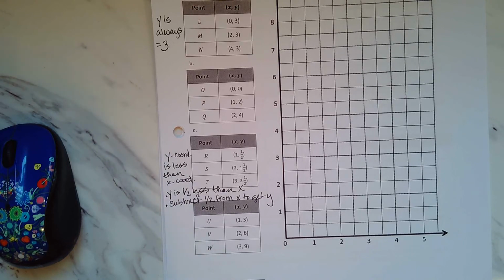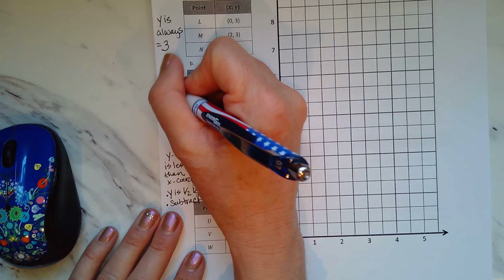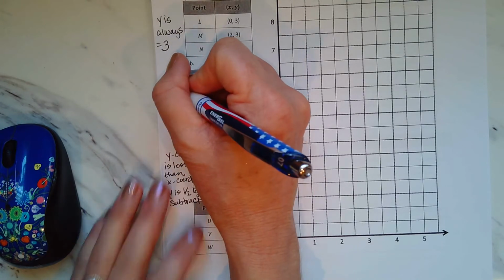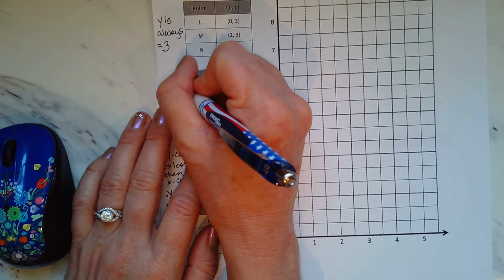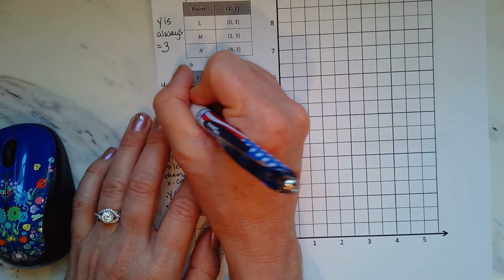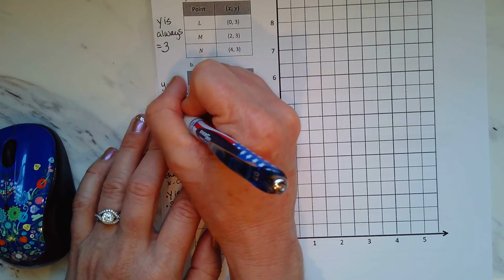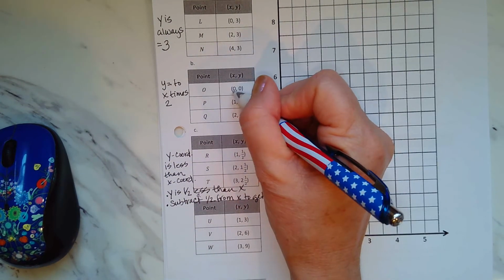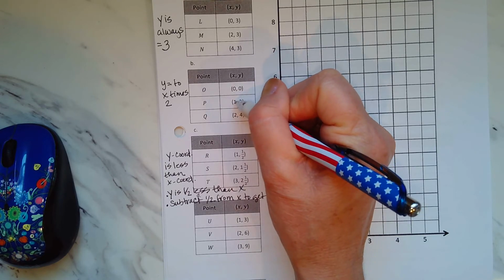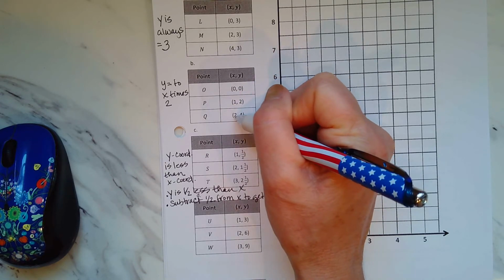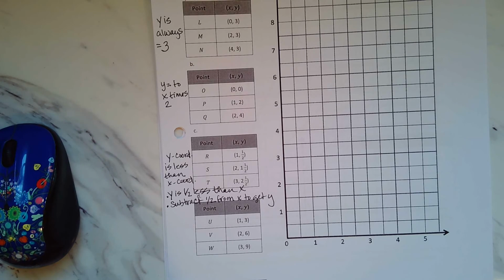That's right, it's B. So, y is equal to x times 2. Because 0 times 2 is 0, 1 times 2 is 2, 2 times 2 is 4. So y is equal to x times 2.